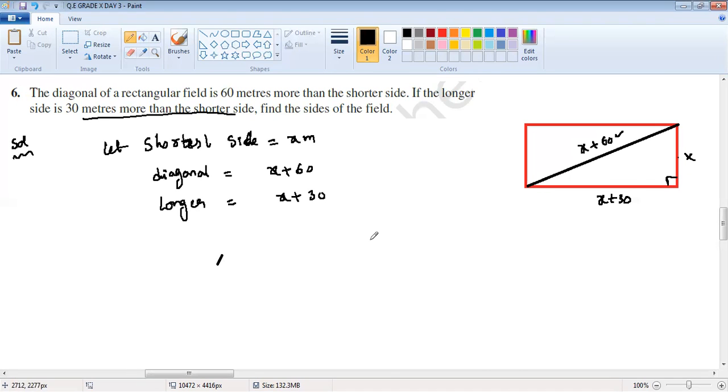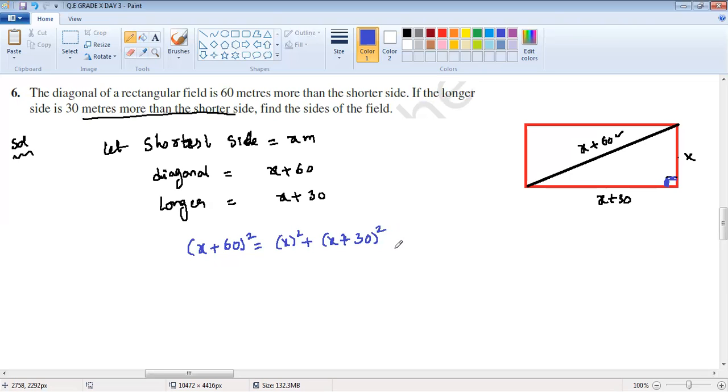What is the concept we could apply here? Vaibhav? We could apply the concept of right angle triangle, because in a rectangle, definitely each angle is 90 degrees. So then what can you write? x plus 60 whole square is equal to x square plus x plus 30 whole square.